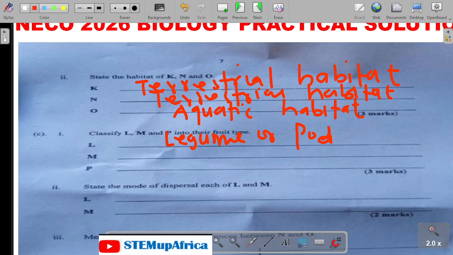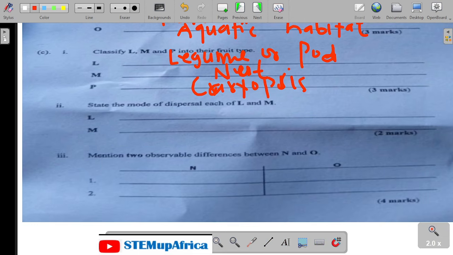Then M is nut, and P is caryopsis. Yes, that is for P. Let's go to C, Roman figure 2. It says state the mode of dispersion for L and M.